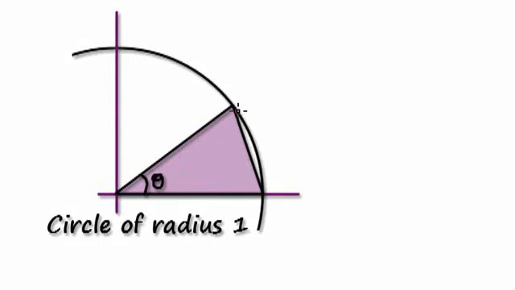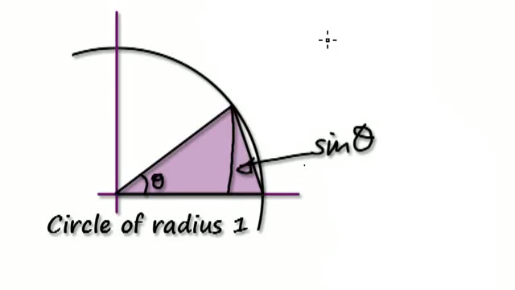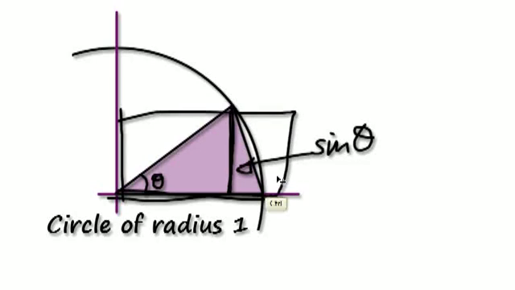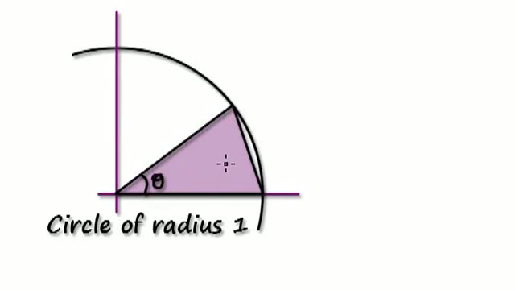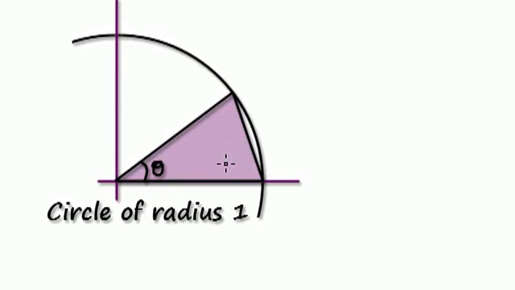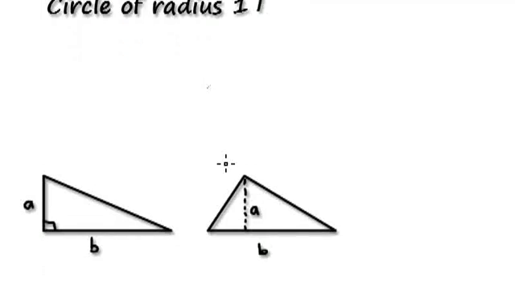That's the whole area, because the height here is sine theta, and the area of any triangle is the base times the height, which gives you the whole rectangle, but then you divide it by 2 to get the triangle.